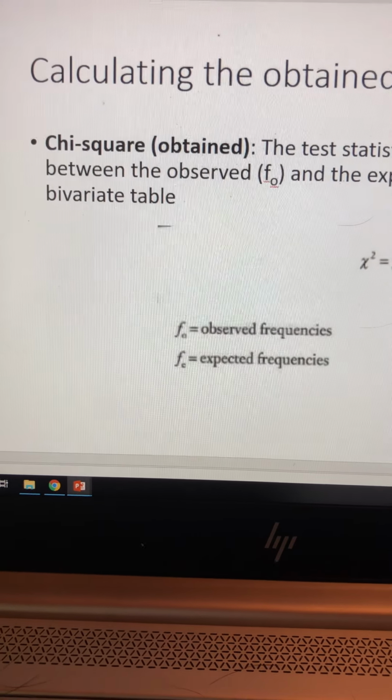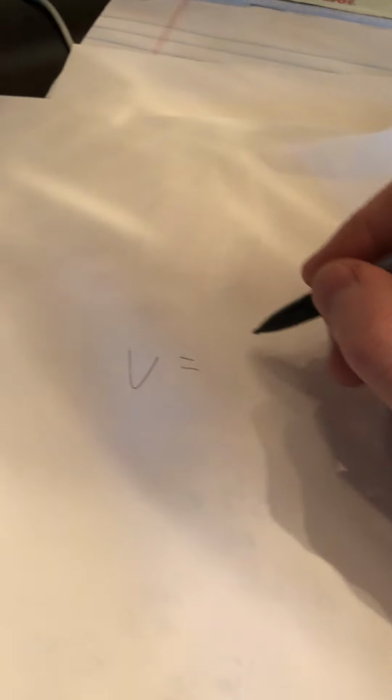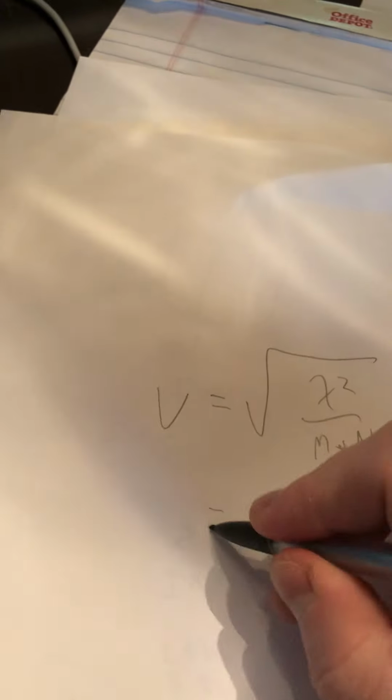All right, so Cramer's V is equal to the square root of the chi-squared divided by m times n, okay? So it's the square root of our chi-squared value, which is 58.